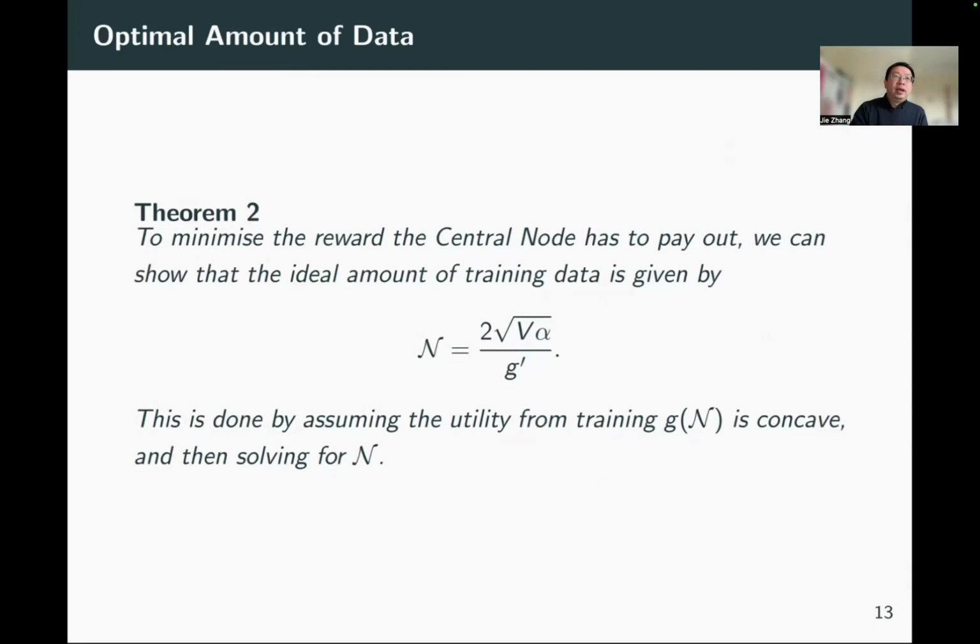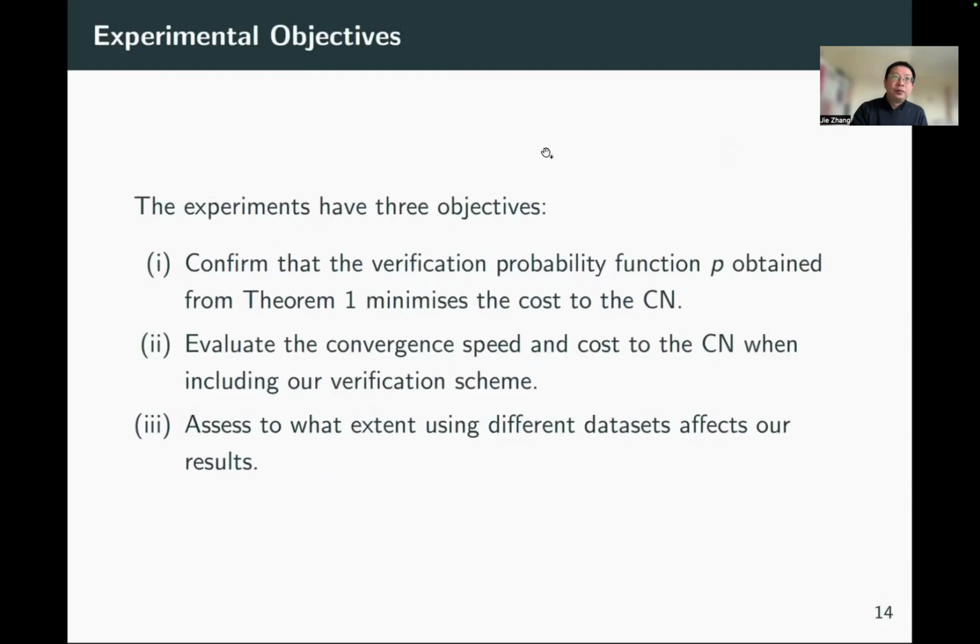We can write this as 2 times the square root of our validation cost times our training cost, divided by the differential of our function g. So it does require you to know what g is, but as long as you do, we can actually calculate the optimal amount of training data, which I think is quite a neat result.